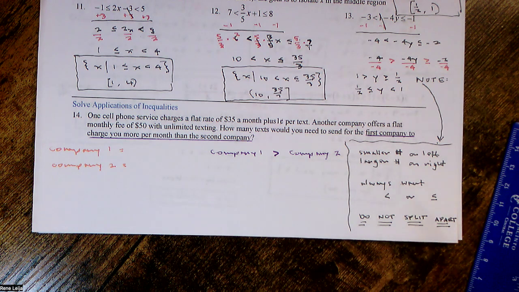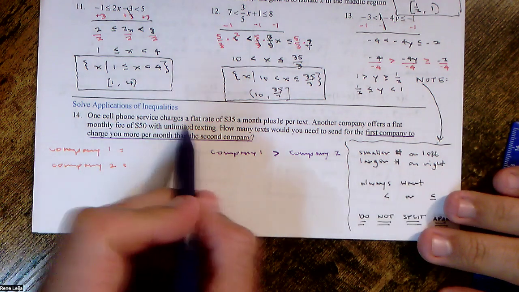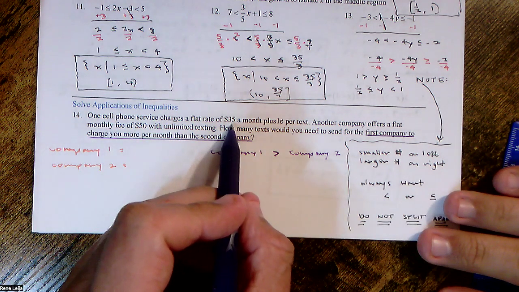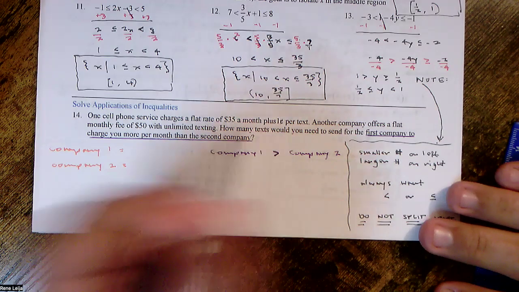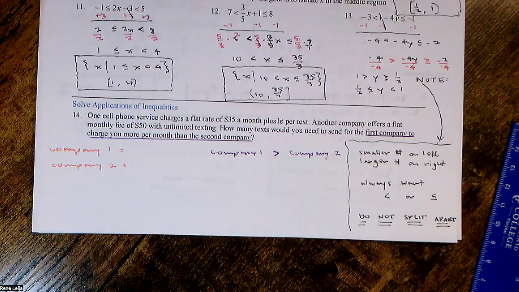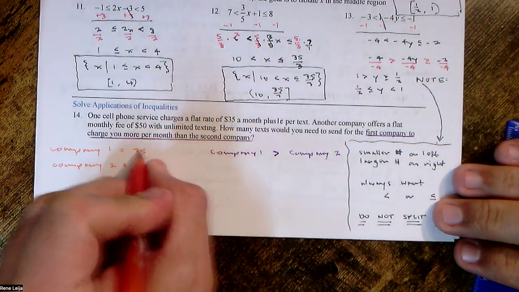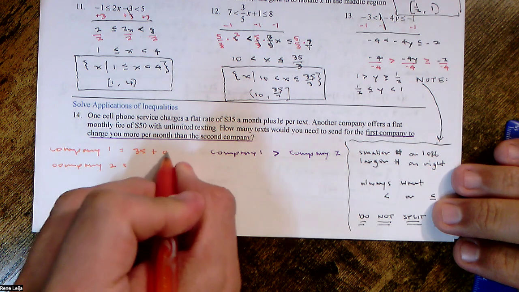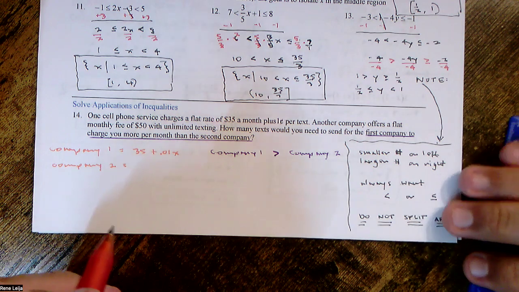Okay, so now we're going to identify our unknowns. It said one cell phone charges a flat rate of $35 a month plus 1 cent per text. Okay, that's company 1. So 35 plus 1 cent is 0.01 times however many texts you send.